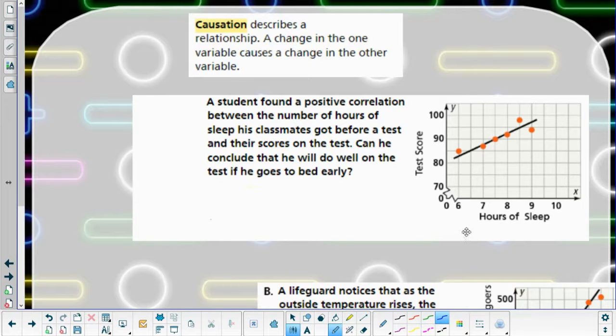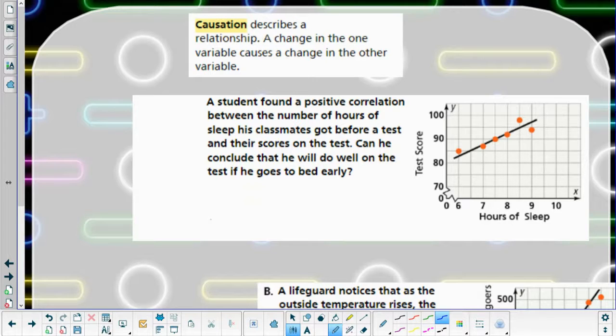So we have to ask ourselves, does the hours of sleep affect or change your test score? Okay, well, given this data, yeah, the more sleep the people got, the higher the test score was. So we can say that is causation, that the number of hours of sleep a person got caused them to have a better or worse test score.